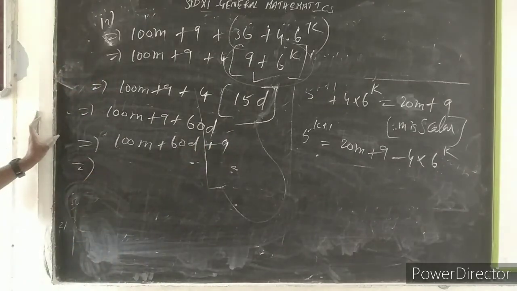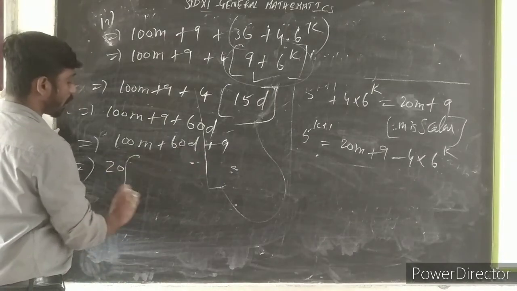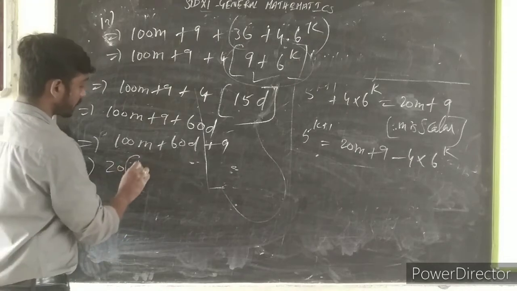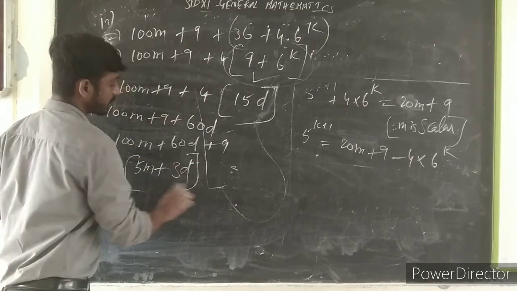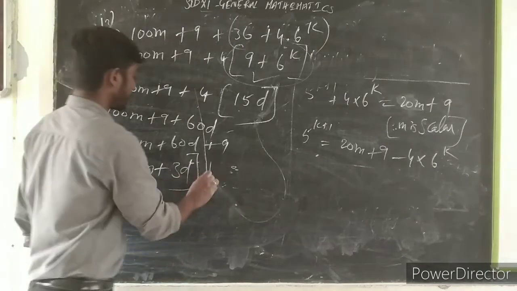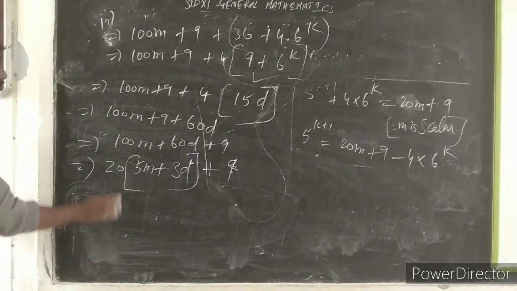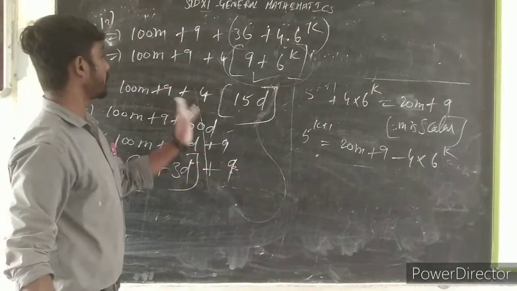Here we are taking 20 common from this term, so it is divisible by 20, and you get 5m plus 3b, plus 9. This 9 term will be separated out.